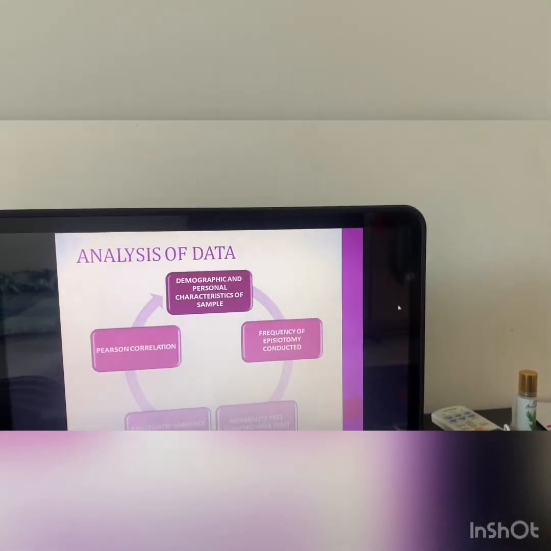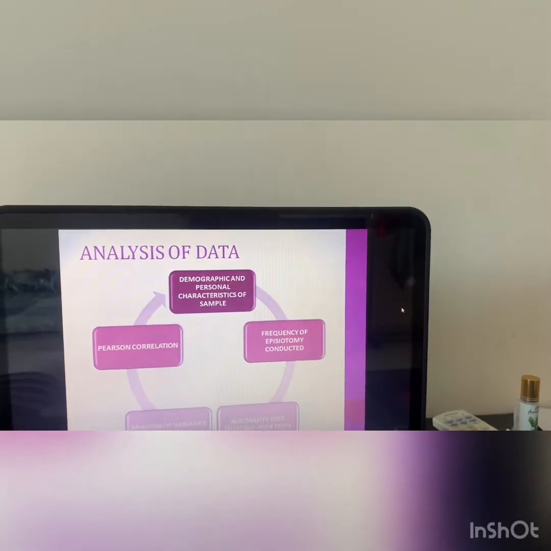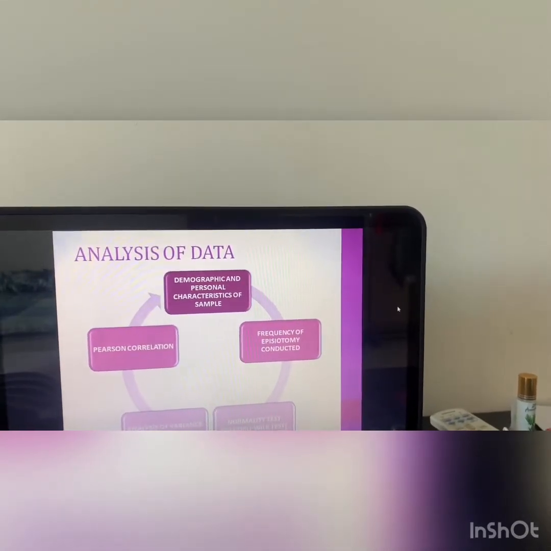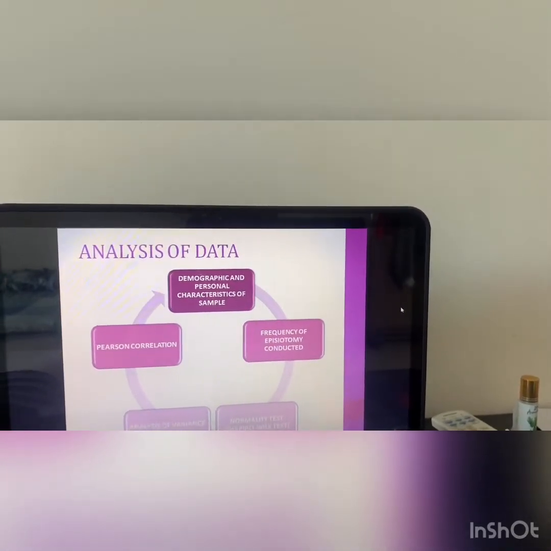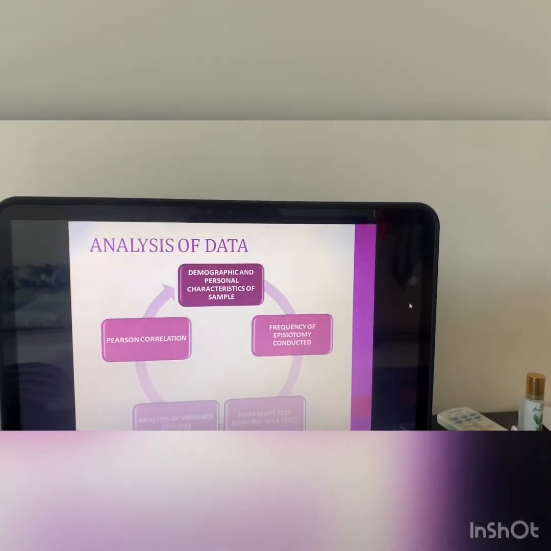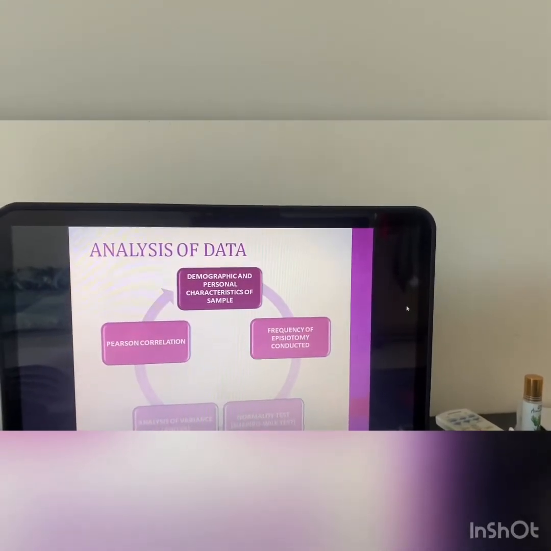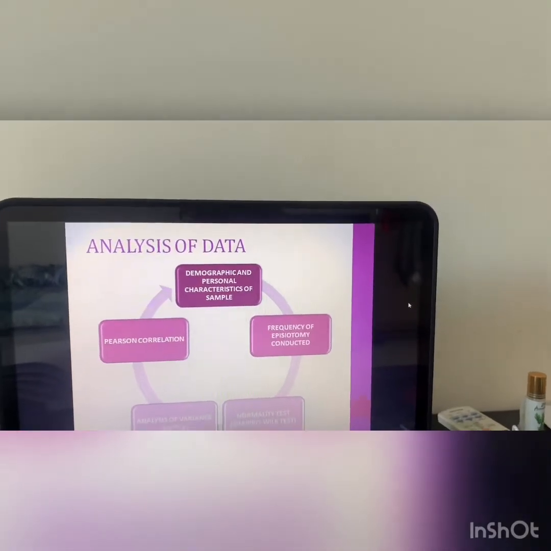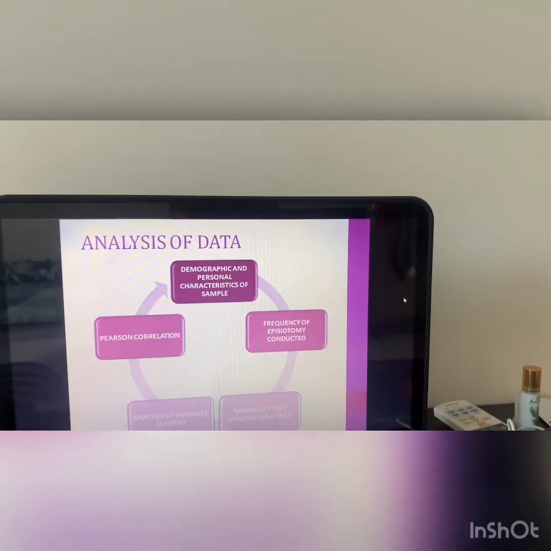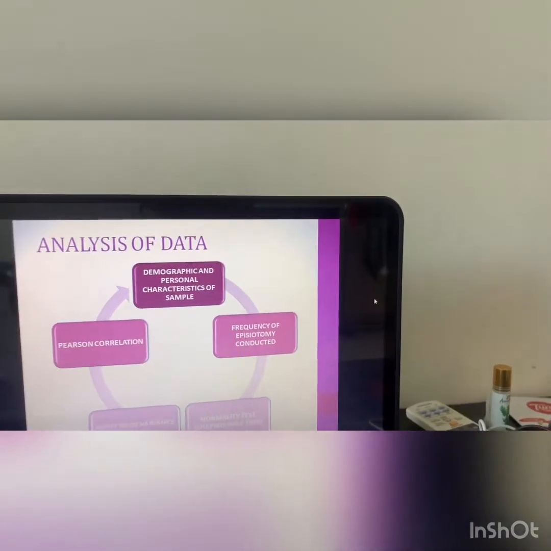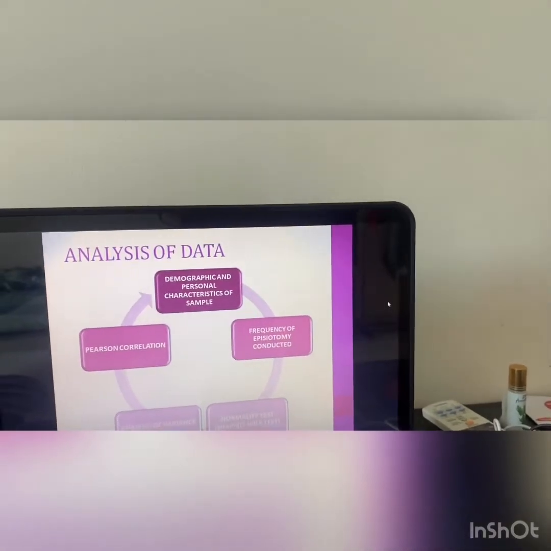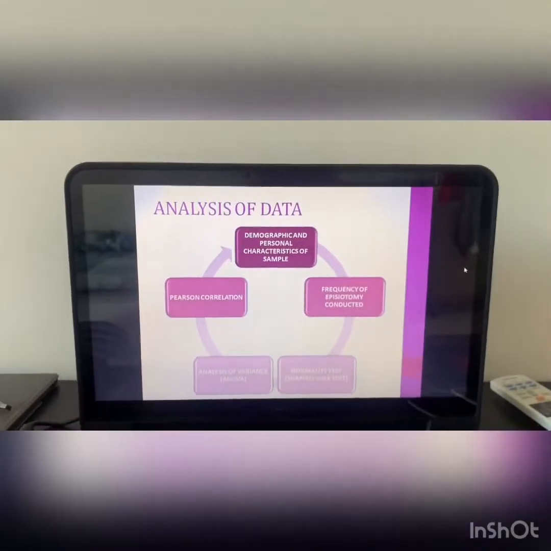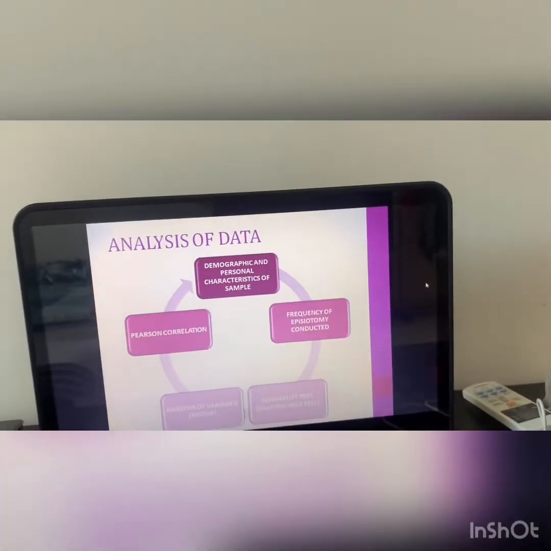So the one-way ANOVA is used to determine whether there is any statistically significant difference between the means of three or more independent groups.